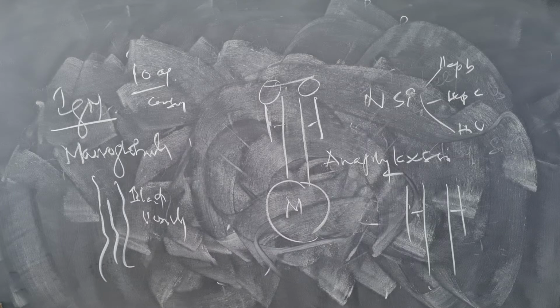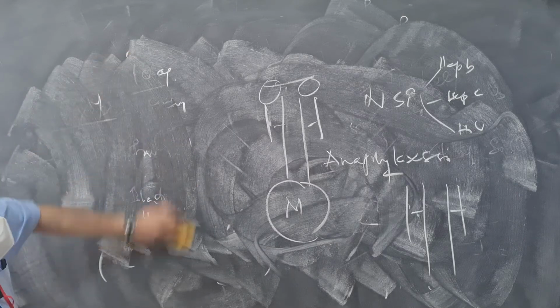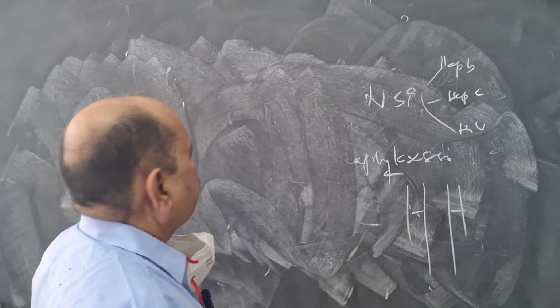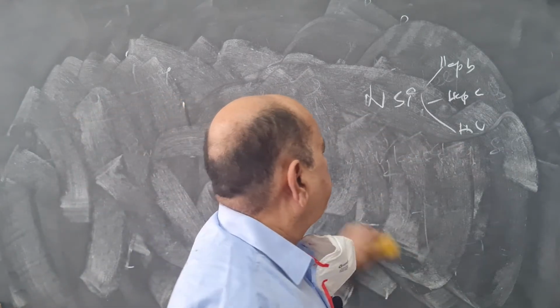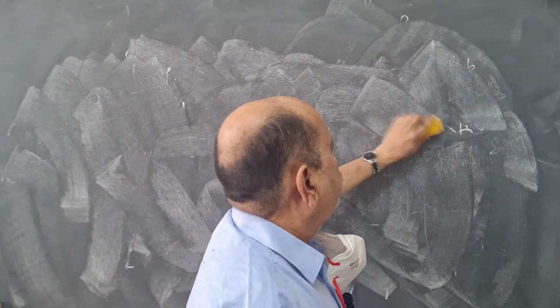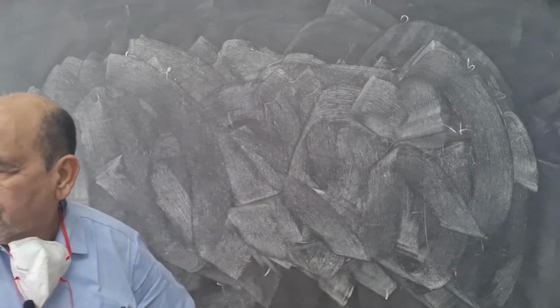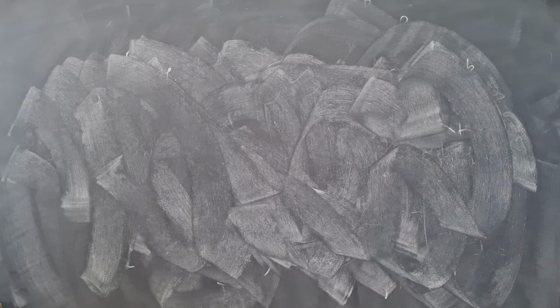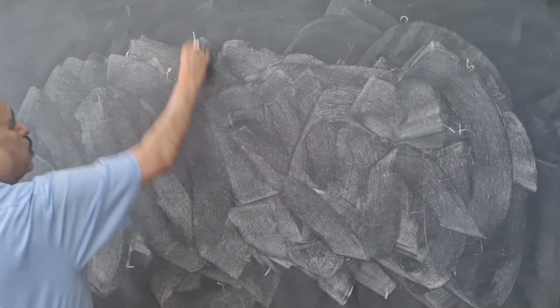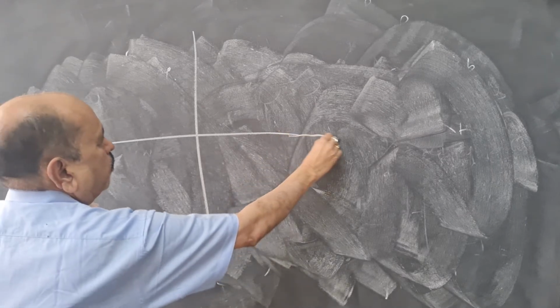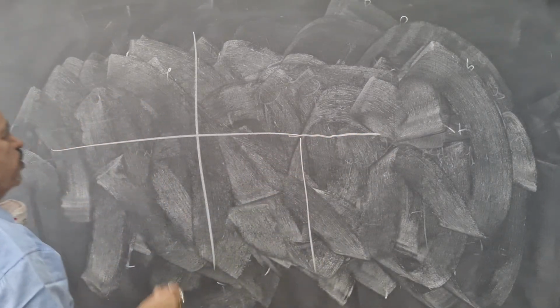So now, in a nutshell, we will finish the five classes of immunoglobulin.